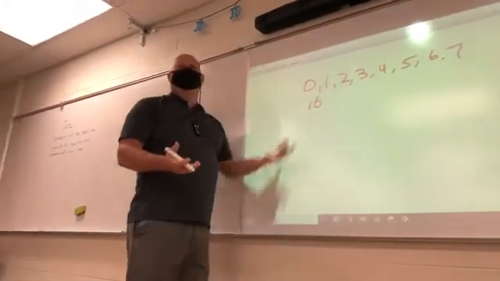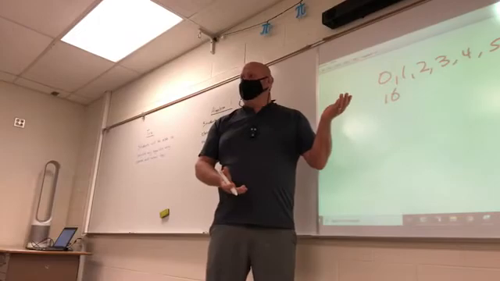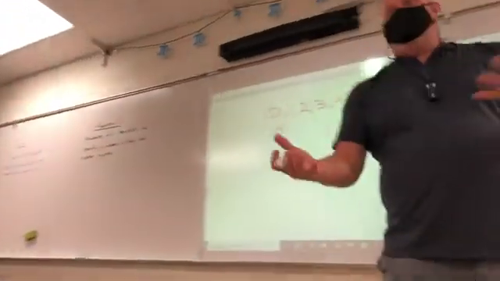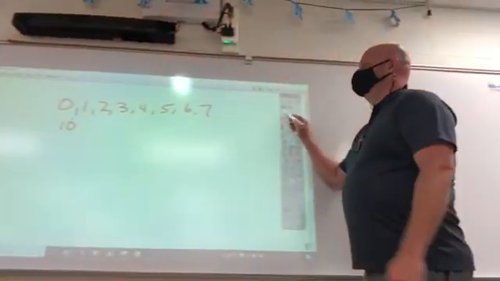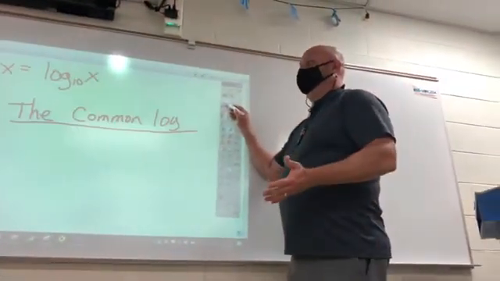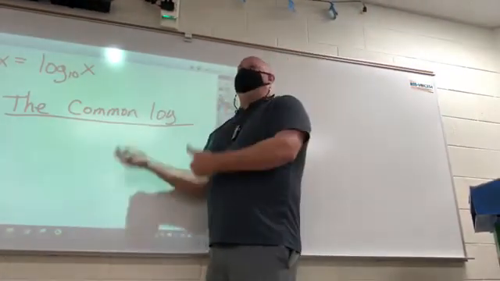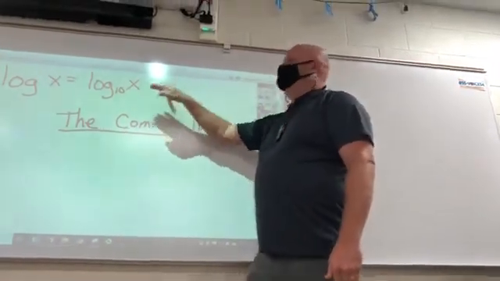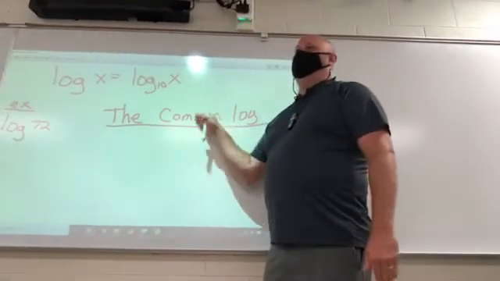It looks like 10. No, you don't actually need to know all that base number system. I'm never going to test you on that. It's just kind of a fun side note. But that is why we call it a base 10 number system, or that's why we call log base 10 the common log.